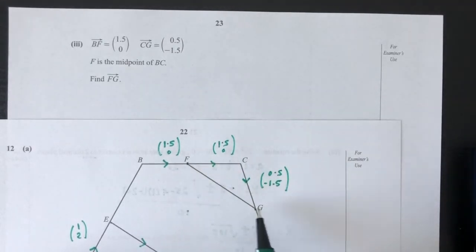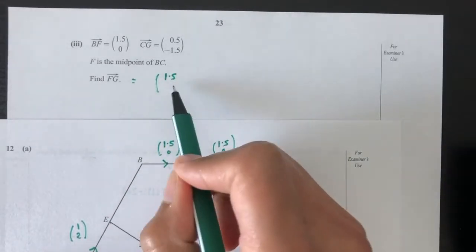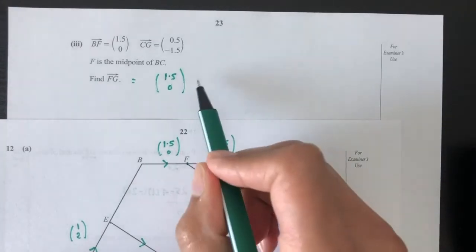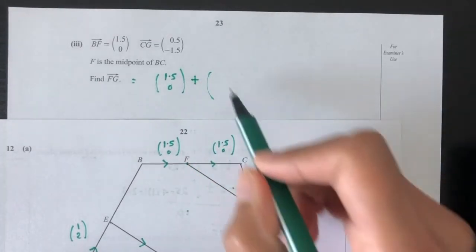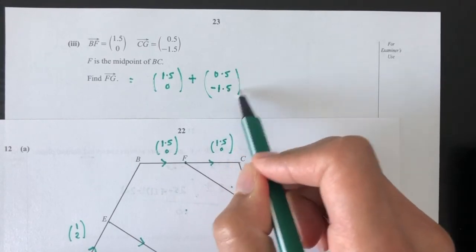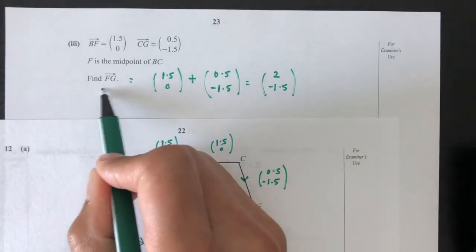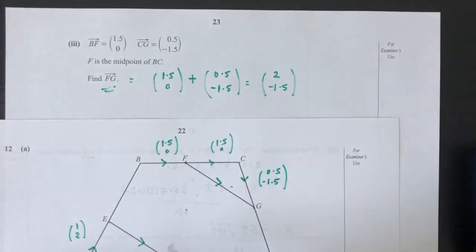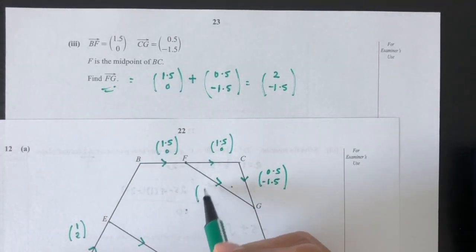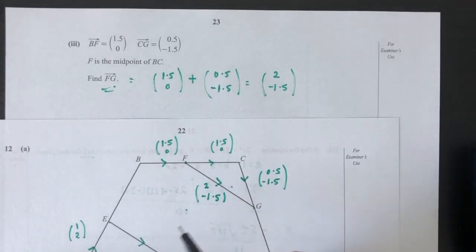So FG will be FC plus CG. So FC is given by (1, 2) plus CG, which will be (0.5, minus 1.5), which is (2, minus 1.5). That's FG. So write it down. FG will be (2, minus 1.5), and we have EH is also the same. So (2, minus 1.5).